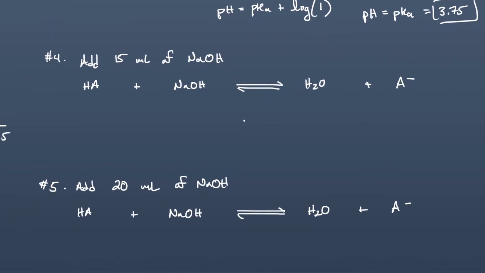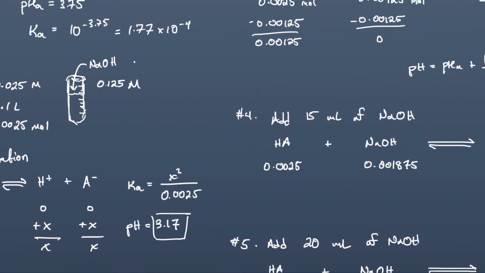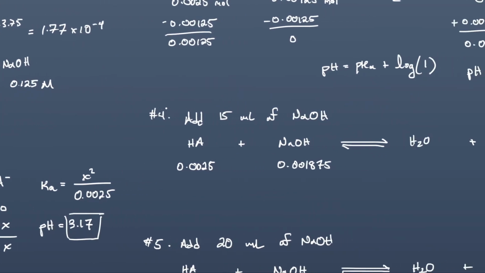Our next calculation, I'm just going through a ton of calculations here just to really help you understand how to do these kinds of example problems. Our next calculation is with 15 milliliters of NaOH. So what changes? This didn't change, 0.0025, and we have here 0.001875 this time, because this number is 0.015 liters times our concentration.